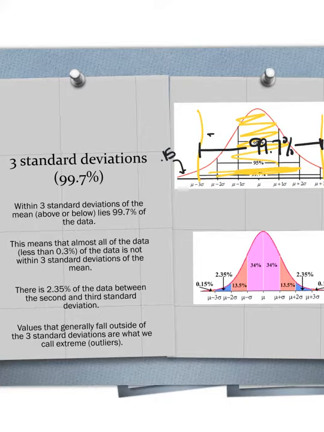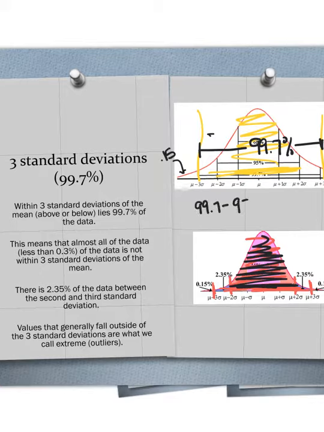And then if you look right here, it tells you that this part right here, within the 3rd standard deviation, from here to here is 2.35. How are they getting that? Well, we know that the red part here is 3 standard deviations, and we also know that this part here is 95% of the data. So this time, 3 standard deviations is 99.7 minus 2 standard deviations is 95.